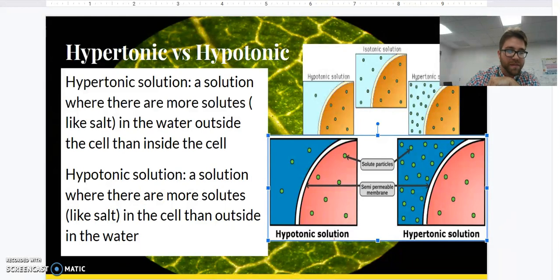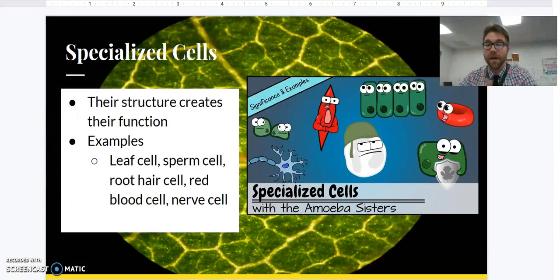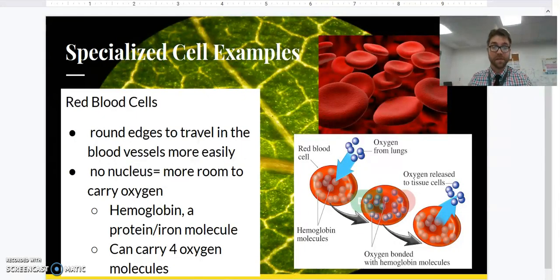Alright, we're just about out of time, so let's skip to the last part here, which are specialized cells. Not all cells are like the cells I just showed you. Cells can be specialized. That means the structure is going to change because that structure is going to be there for a specific function. For example, blood cells. Blood cells are round, perfectly round, so they can easily travel through veins, capillaries, and arteries.